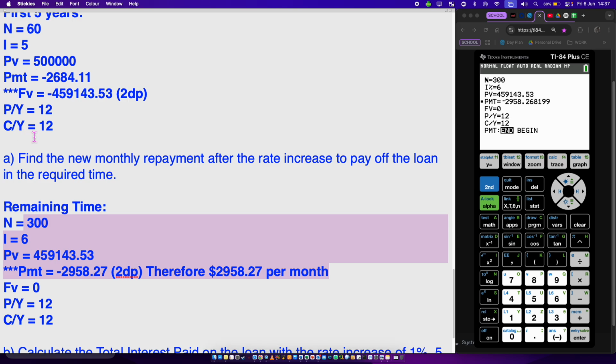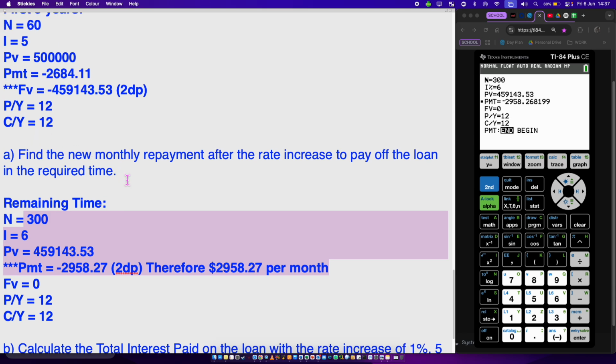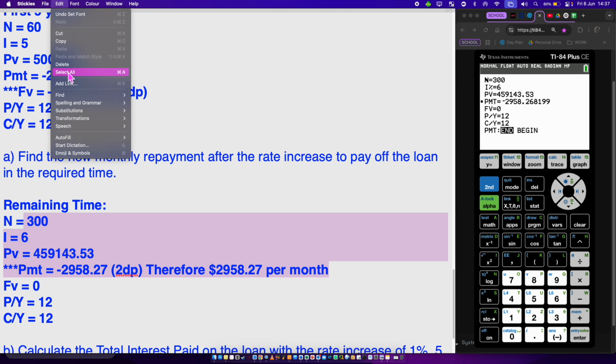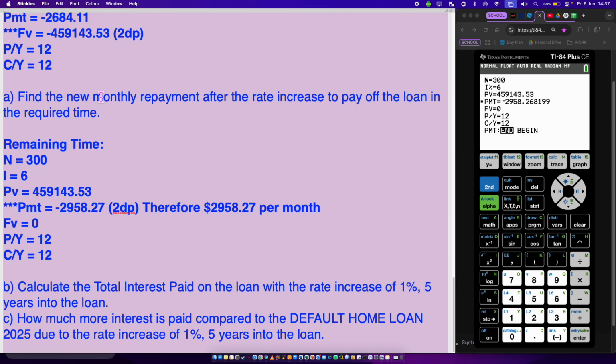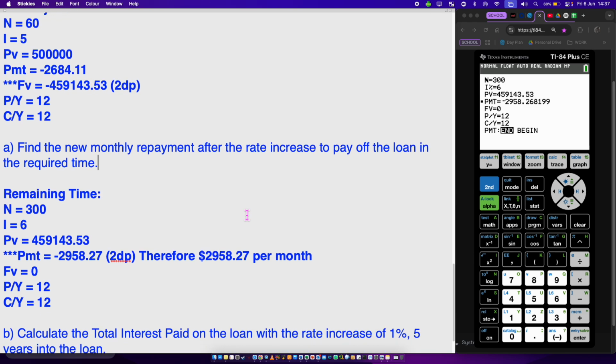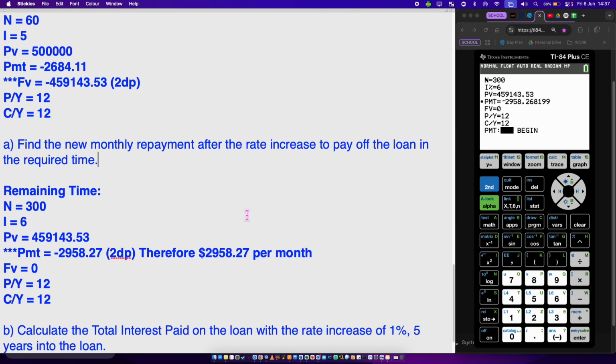So can you get those two TVMs, please? I'll scroll down just enough so you can see what question B is.